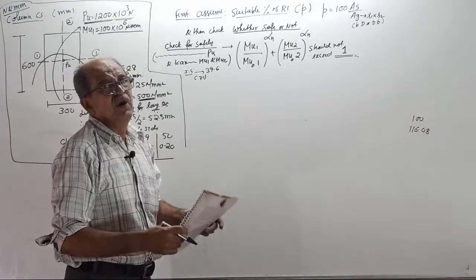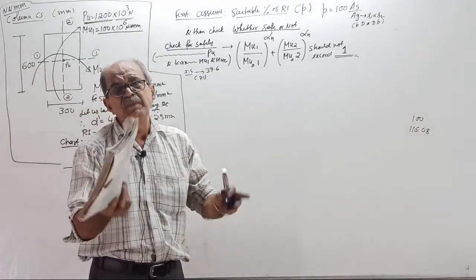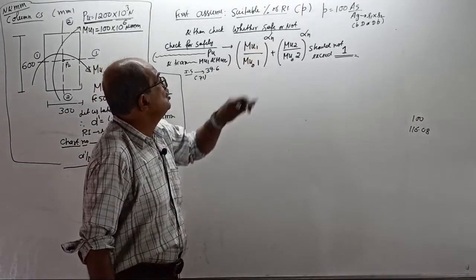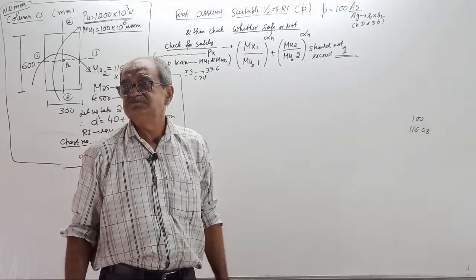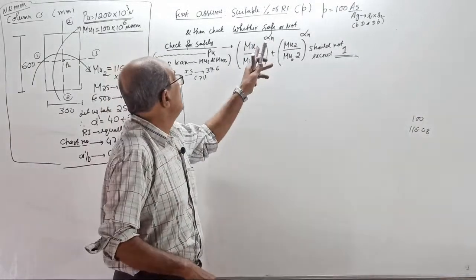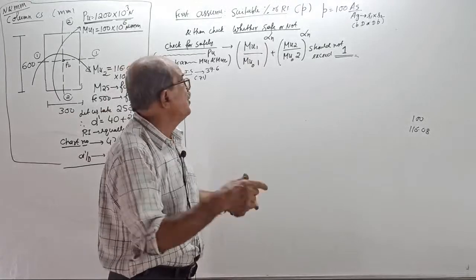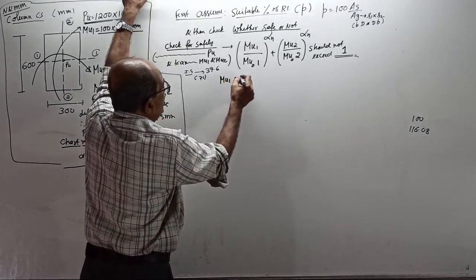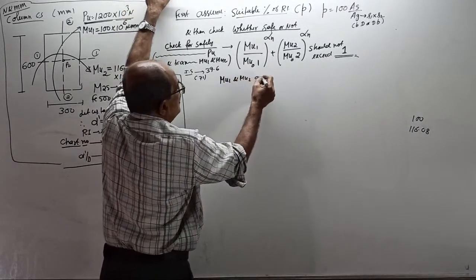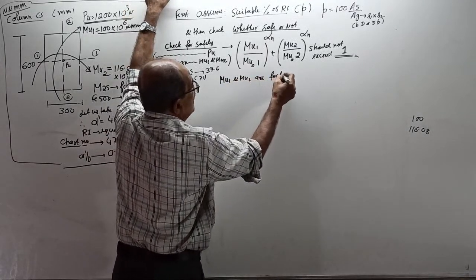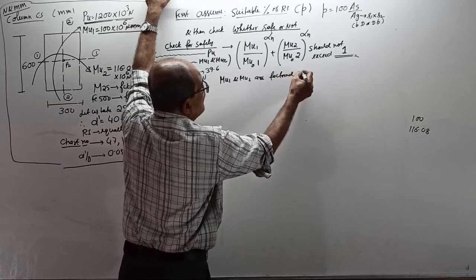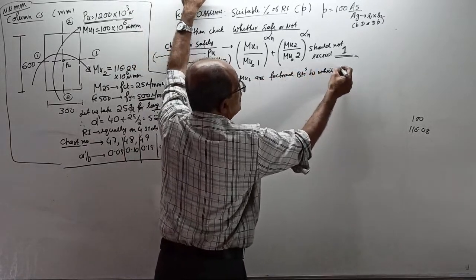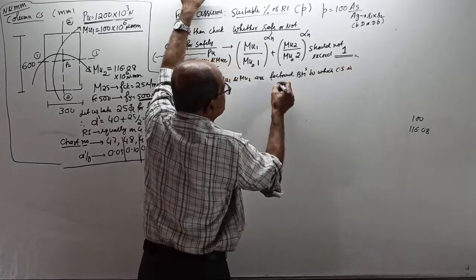Now I will do one thing. I will not use the IS code. I will write in my own language. Okay, start. Now, see the numerator and denominator. You should remember one thing. Here, MU1 and MU2 are factored bending moments to which the cross section is subjected.